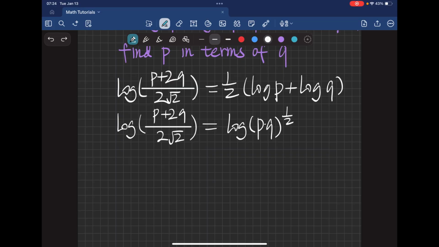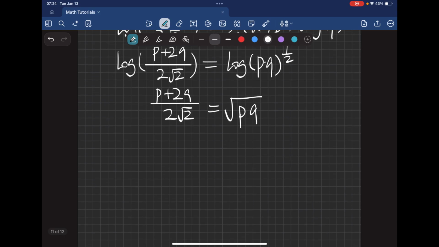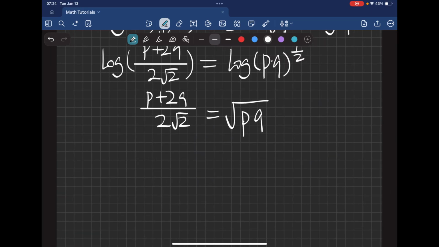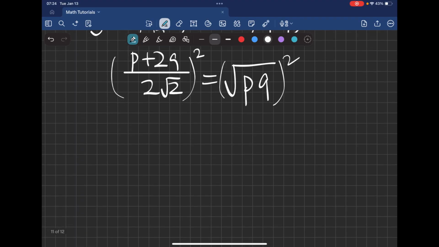So we can just ignore log for now and then write their equivalence. You don't need to think about log for now, just solve them. So this square root is a bit annoying, so we can get rid of it by squaring both sides. And that will give this.